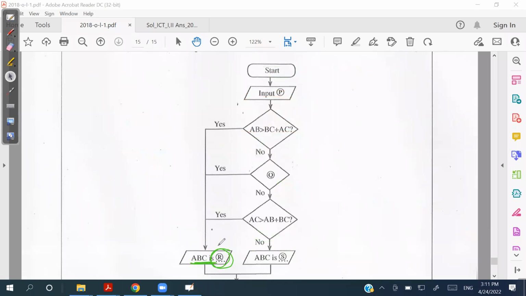R is going to indicate ABC is not a triangle. These yes outcomes mean they are not a triangle.